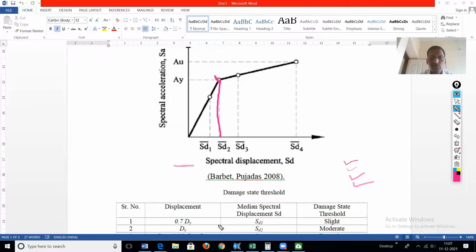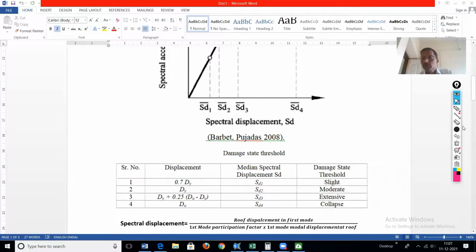Then the third damage state, the moderate damage state, is this particular point, and this is the complete damage state. Therefore, the slight damage state occurs when the spectral displacement is 70% of the yield displacement.